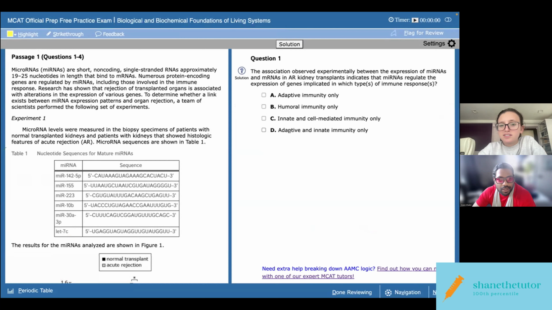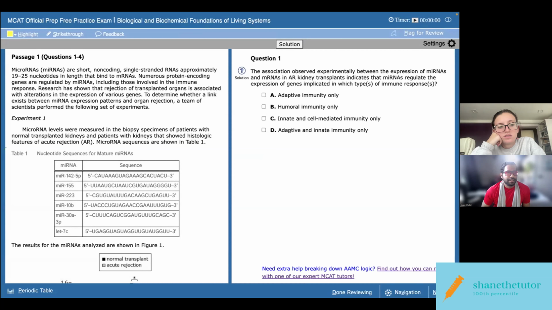So what I would write here: it says research has shown that rejection of transplanted organs is associated with alteration in the expression of various genes. And prior to that, they said that microRNAs bind to mRNAs, and that can affect what genes get expressed.